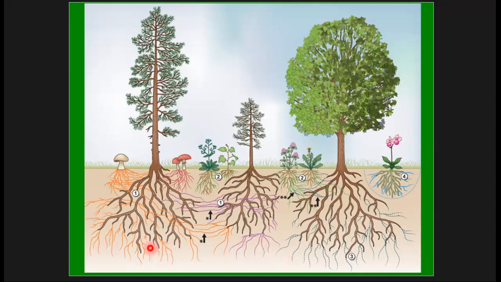And so that's what the artist is trying to show here, that you have the different colors or the different types of fungi, and that they're able to connect trees through these mycorrhizal bridges, and that the mycorrhizal fungi can help facilitate flow of nutrients and chemicals and help communication between the trees and among the trees and other plants in that forest ecosystem.